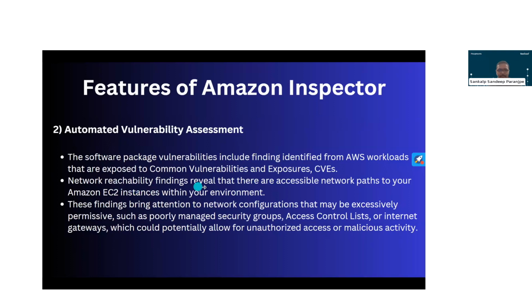Then there are network reachability findings, which try to assess network paths. Some findings may include security groups that are not managed or access control lists that are not properly configured. So it does the vulnerability assessment.